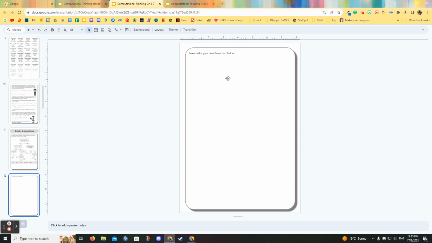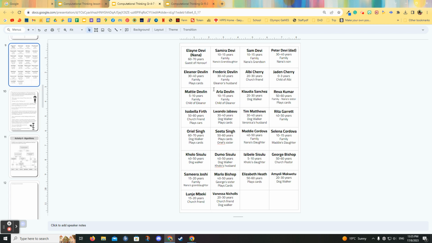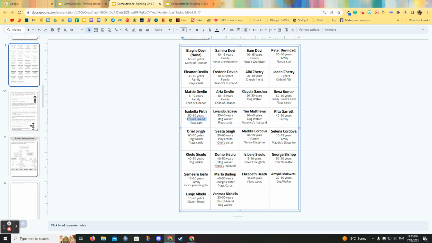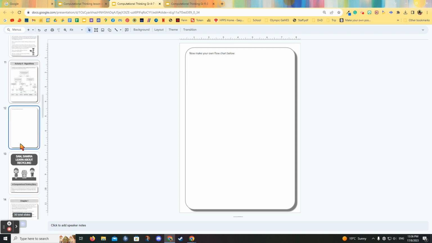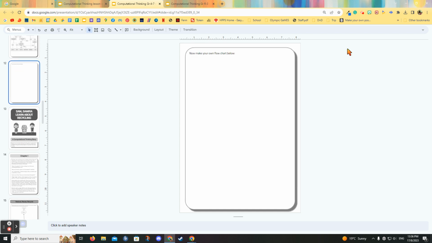If they're not family, what sort of aspect do they fit in? Here they've got the church friends, the dog walkers and the people who play cards, so they can put it into different categories according to where that unexpected guest fits by creating a flow chart. Okay, then that's the end of the introduction.